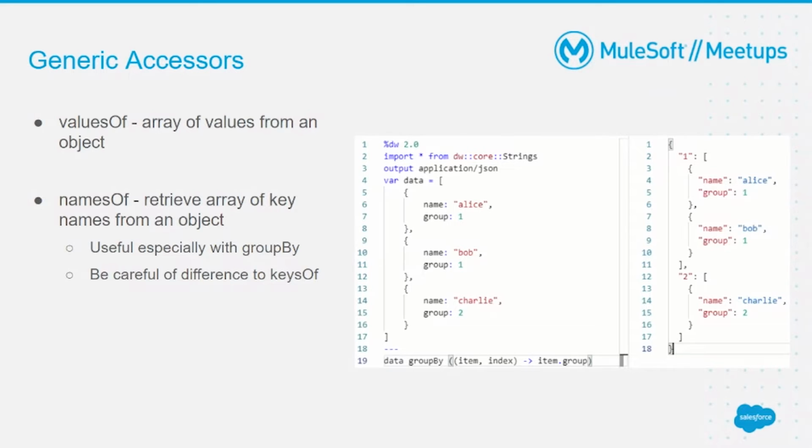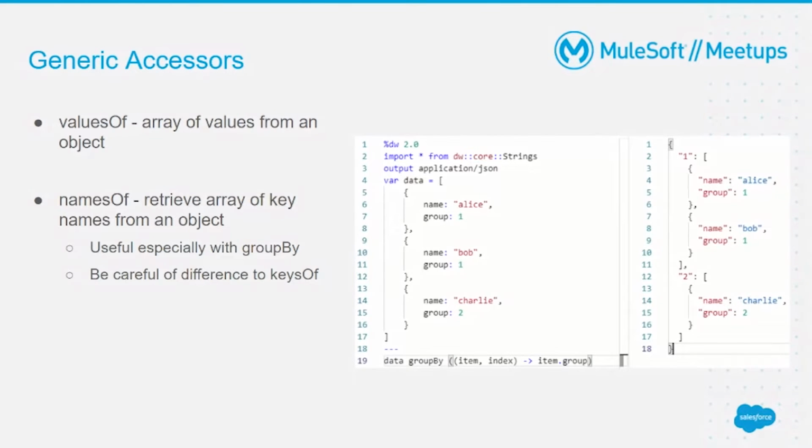Sometimes it's very useful to be able to manipulate and work with those key value pairs directly. So valuesOf gives you an array of the values of the object without any of the keys, just set into an array. And namesOf does the other thing, where it gives you the names of the keys.